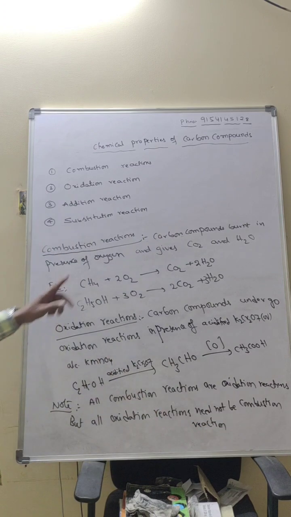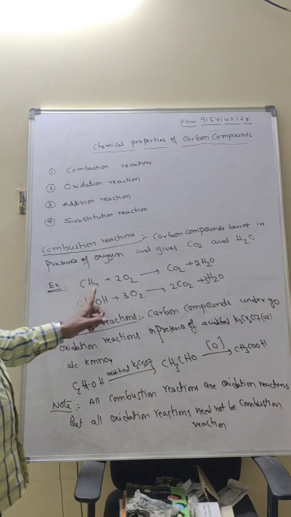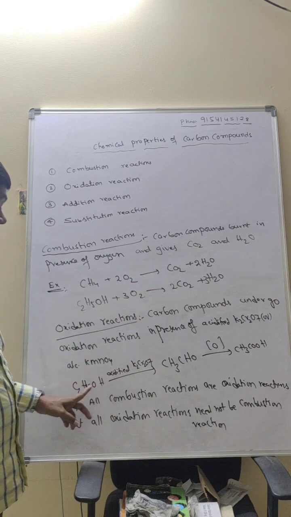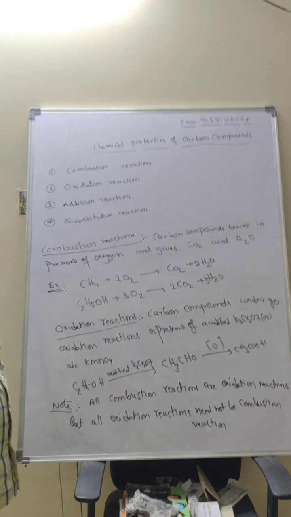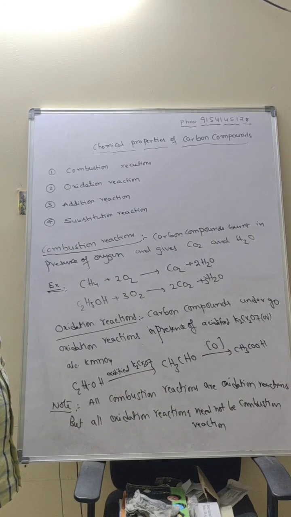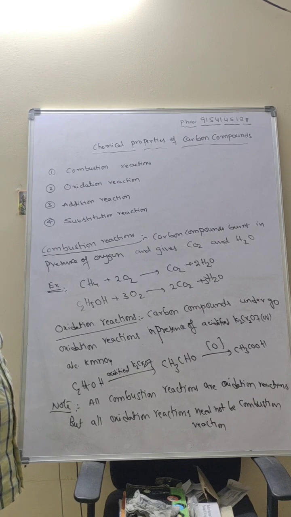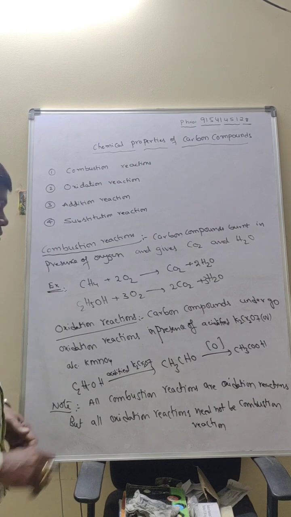Example is this one. These are combustion reactions as well as oxidation reactions. But this is an oxidation reaction but not a combustion reaction. Get that? Next, we would like to discuss addition reactions and substitution reactions.